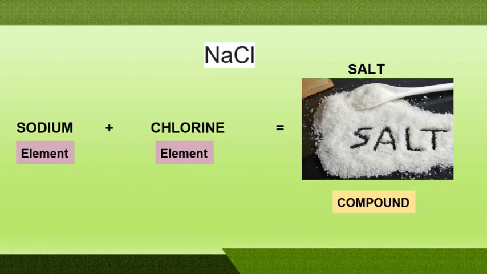Sodium chloride or salt is a combination of sodium and chlorine. Sodium is an element, chlorine is an element, and it will produce a compound.